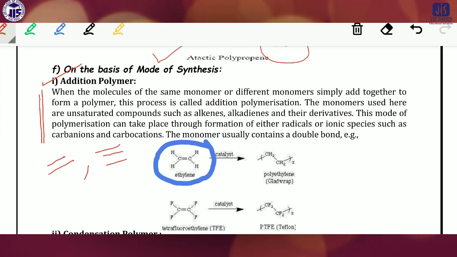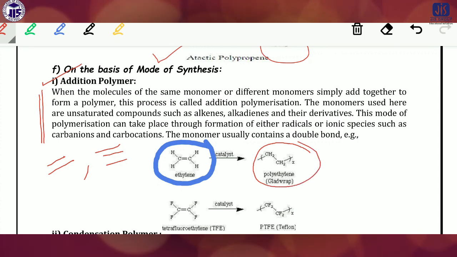When these monomers connect or add with each other, the double bond will break down, and there the formation of the polymer occurs.